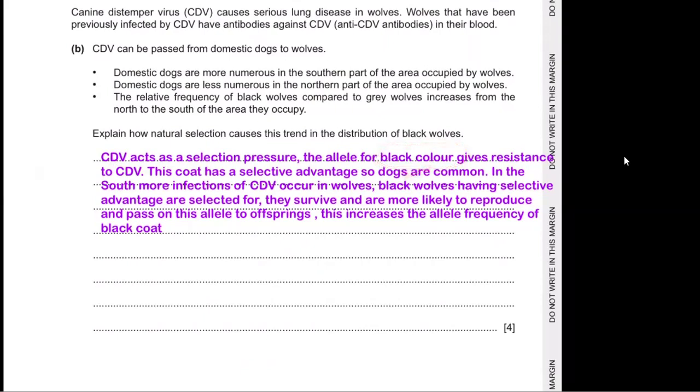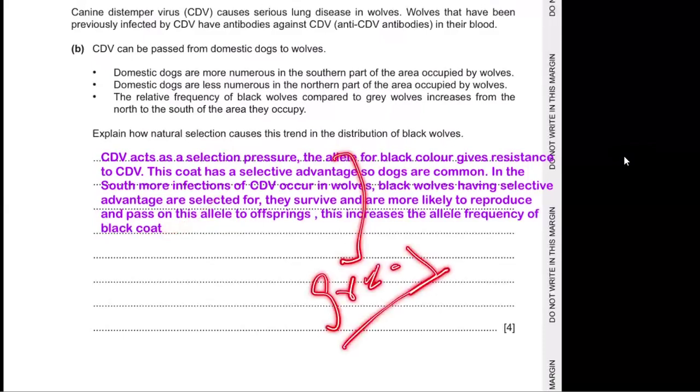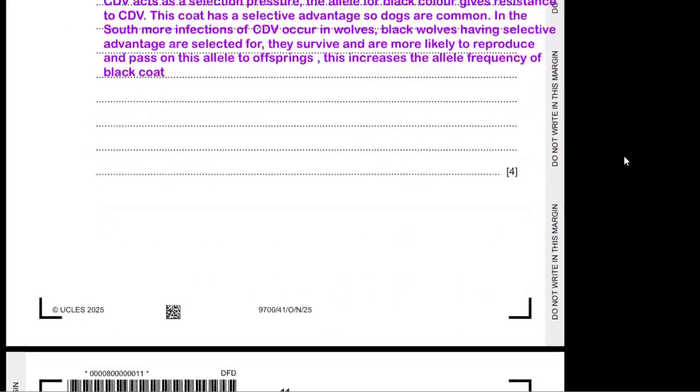In the south, more infection of CDV occurs in wolves, and black wolves have a selective advantage because they have the allele that confers advantage. They survive, and when they survive, they are more likely to reproduce and pass on the allele to the offspring. This increases the allele frequency of black coat. Similarly, you can give the reverse argument for the gray coat, that this one is more in the north because the domestic dogs are fewer in that region.